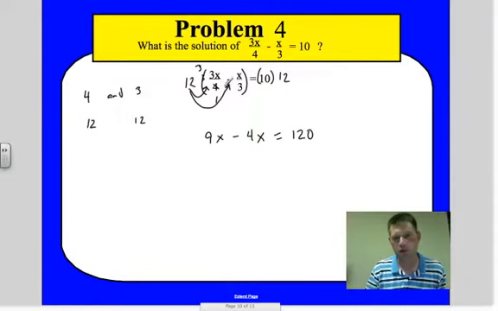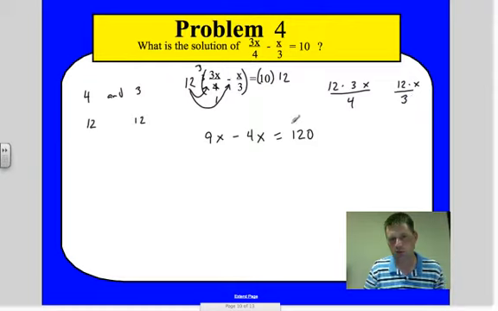If you need to, rewrite this as 12 times 3x and then divide by 4 and work that whole thing out. 12 times 3, what do you get? I get 36. 36 divided by 4, I get 9. For the other one, I would take 12 times x, then divide it by 3. 12 divided by 3 is 4.